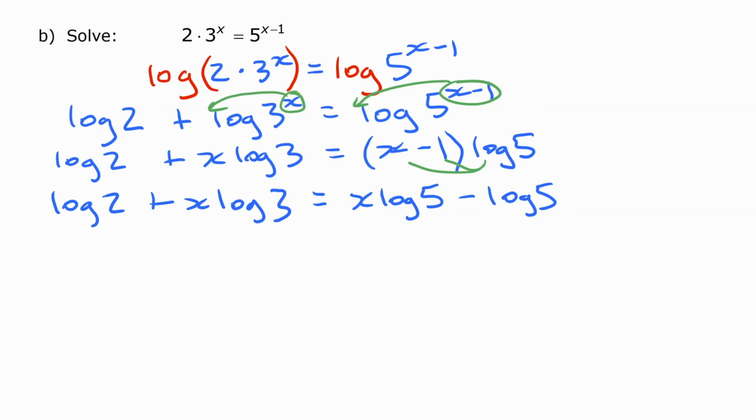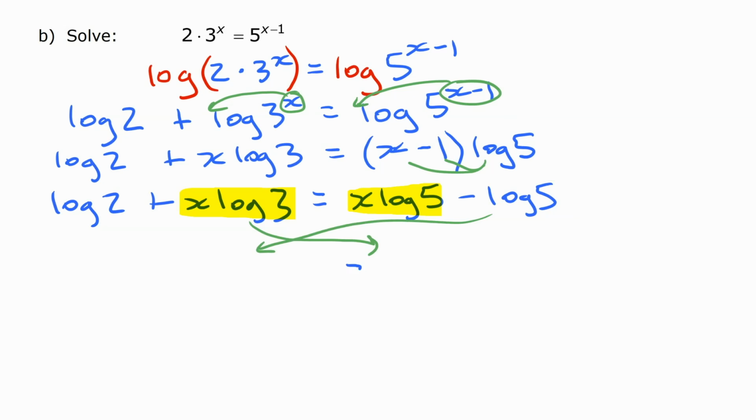We want to gather all the terms that have the variable in it on the same side, and the other terms on the other side. I am going to choose to move this one this way and this one this way. It doesn't matter. I'm going to do it that way because this one's negative, and when I move it to the other side, it'll be positive. So I'll have fewer negative terms that way.